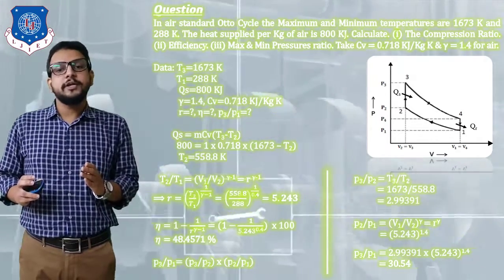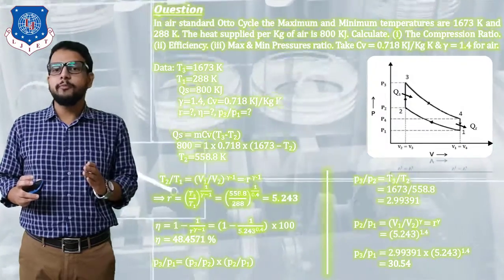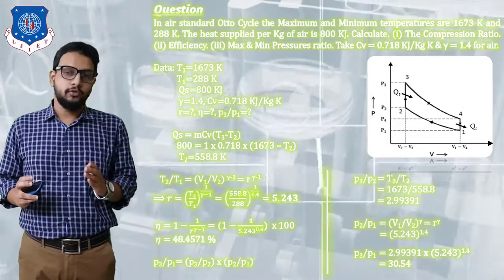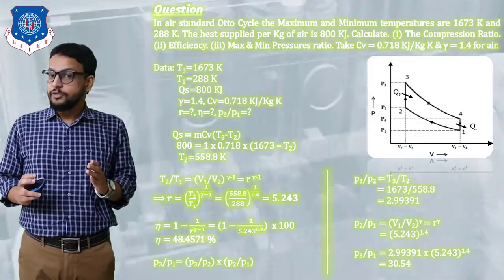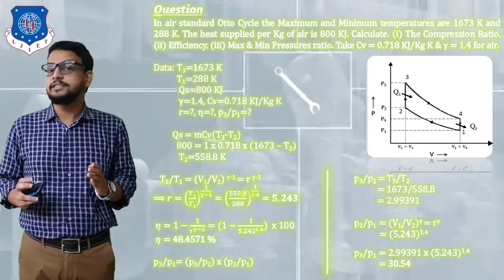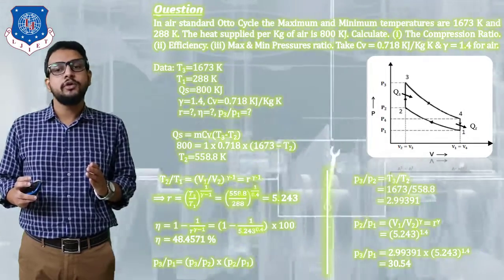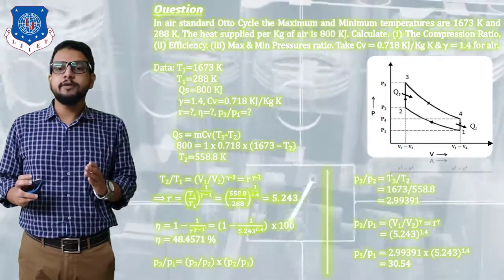Similarly, can we determine P2 by P1? How can we do that? We need to observe our process from state 1 to state 2, that is an adiabatic process. We know the PV relation for this process, that is P1 V1 raised to gamma is equal to P2 V2 raised to gamma. By using this equation, we can make P2 by P1 the subject.